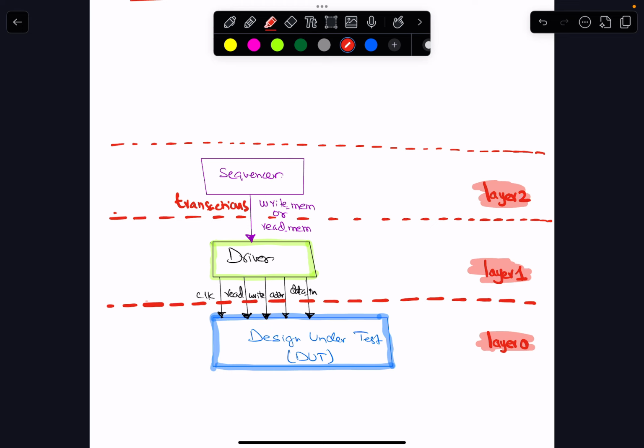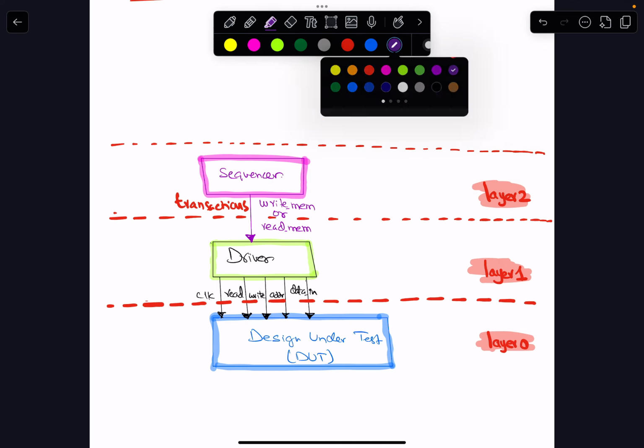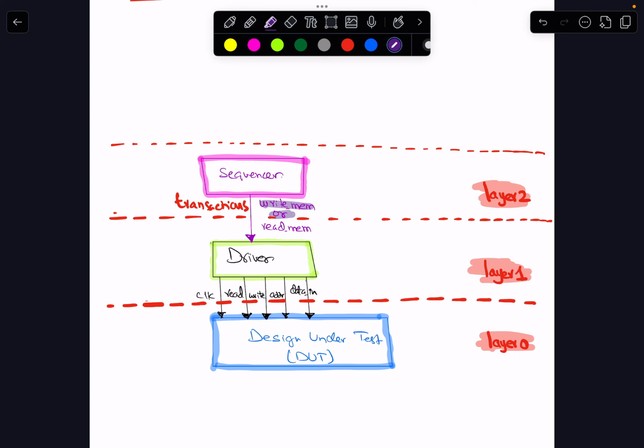This is layer 2, where you have a sequencer. And what is the role of the sequencer? It is to generate these transactions, write memory or read memory, high level transactions. For a write memory transaction you just specify address and data.